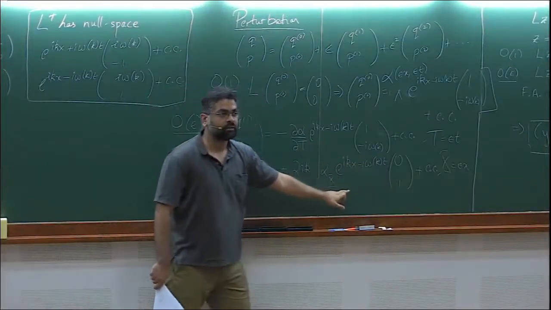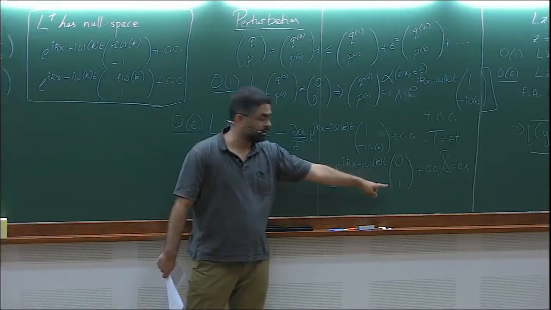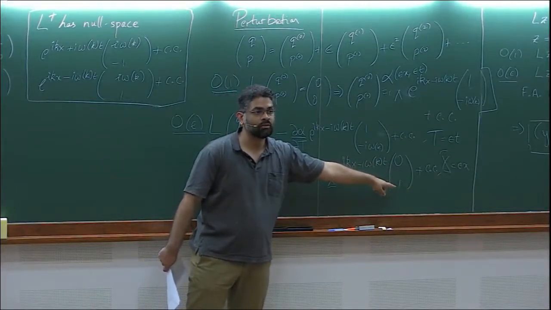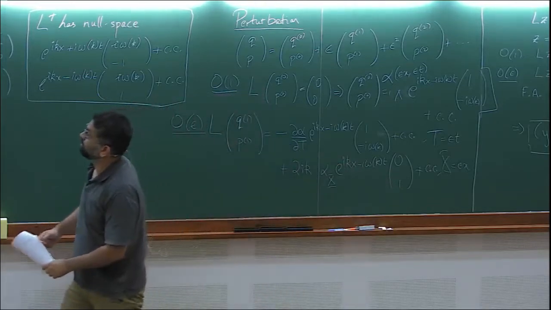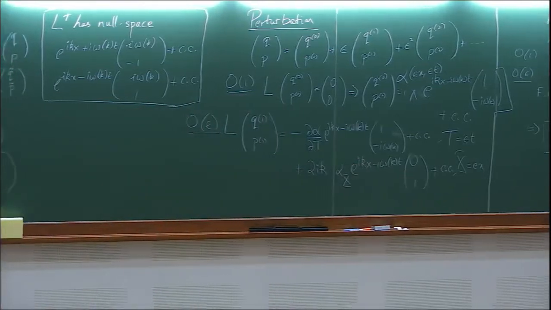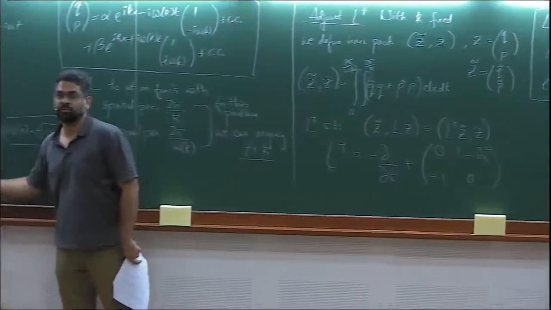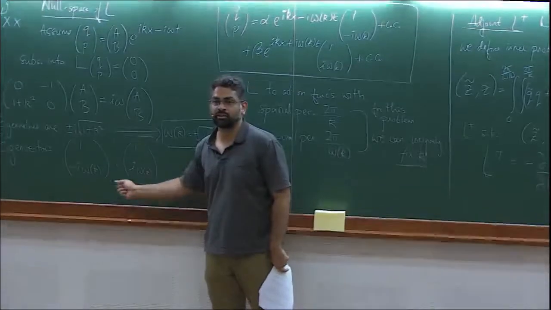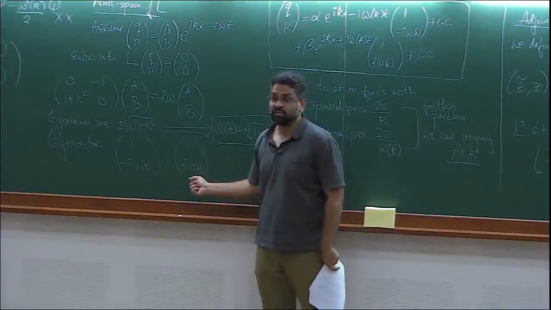What about this guy? He's got the right exponential, he's got the wrong vector. But this vector 0, 1 must have a component in one of these two vectors. Because these two vectors are a basis for the two-dimensional vectors, and 0, 1 must have a component in one of them, at least.